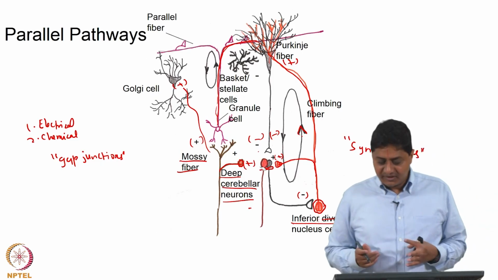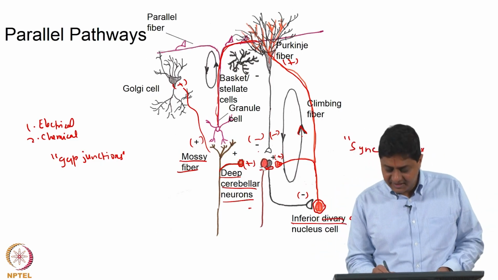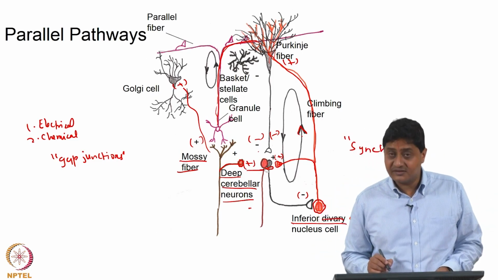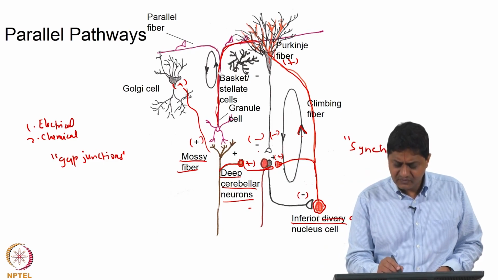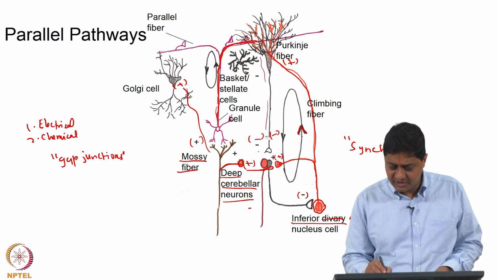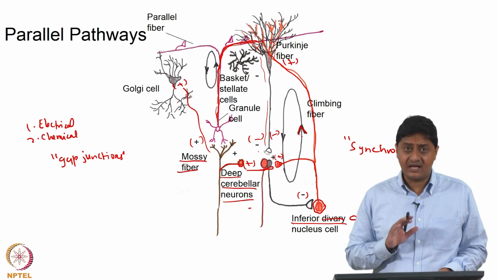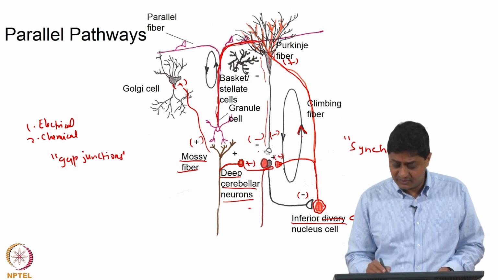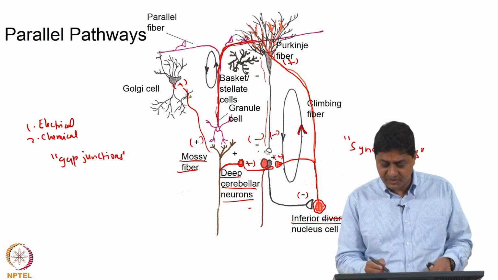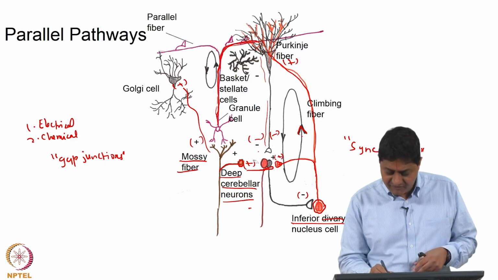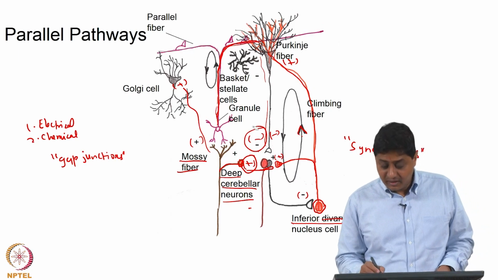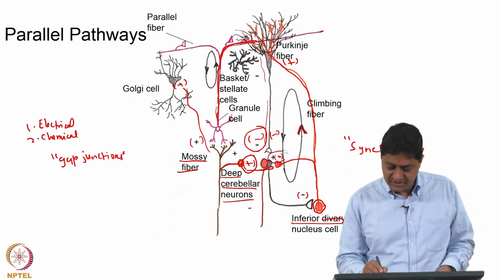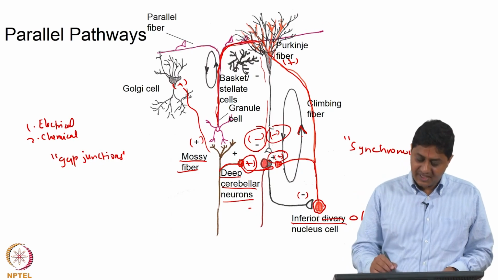So, once again what is happening is an excitation is first given to the deep cerebellar nuclei, and that excitation is carried to the Purkinje cell layer, which then causes an inhibition. The output of the Purkinje cells is always inhibitory. So, that causes an inhibition. So, at this stage what is happening is a comparison of that excitation and that inhibition at that level, and also a comparison of that excitation and that inhibition, right. So, there is this loop.